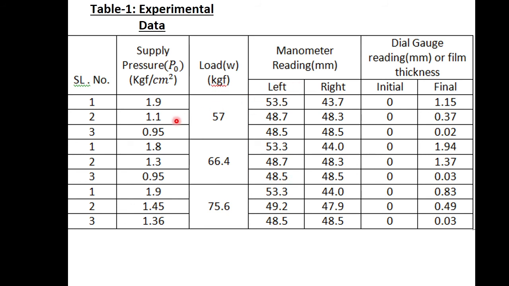What is this one? This is for serial numbers 1, 2, 3, supply pressure. This table is for measurement of dial gauge thickness and to find out the minimum flow requirement. See, this is 57 kg supply pressure.